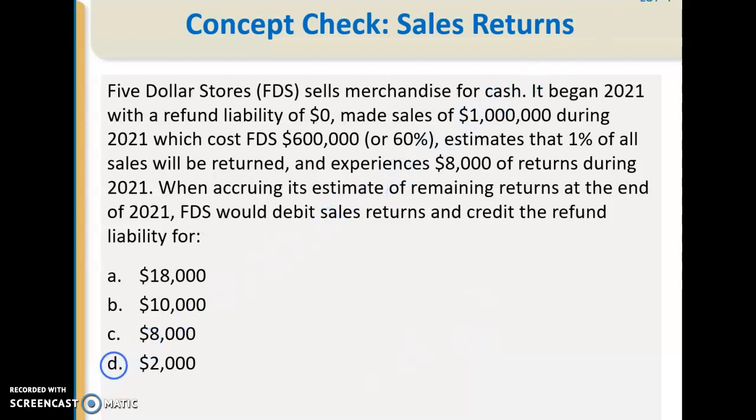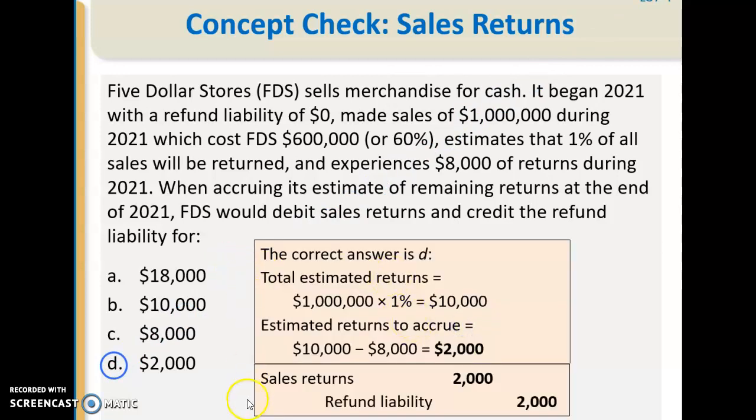Did you choose answer D, $2,000? If not, please pause your video and examine this analysis and calculation.